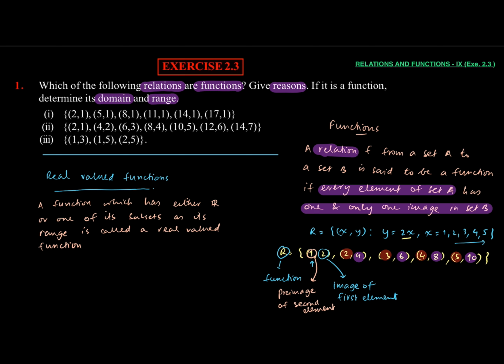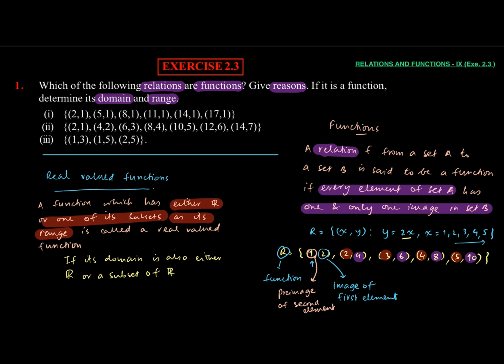So real valued functions are nothing but those functions which have either R or one of its subsets as its range. And if its domain, that means the domain of the function, is also either R or a subset of R, then it is called a real function.